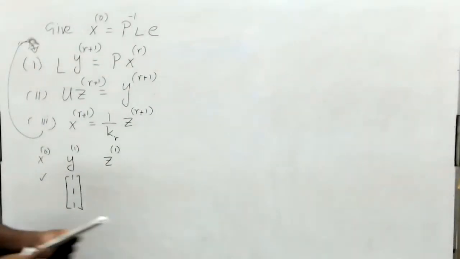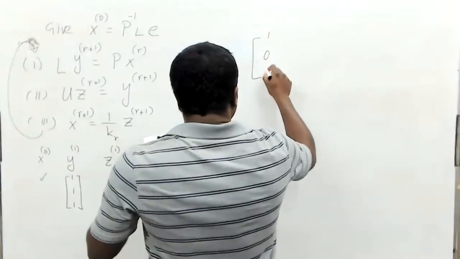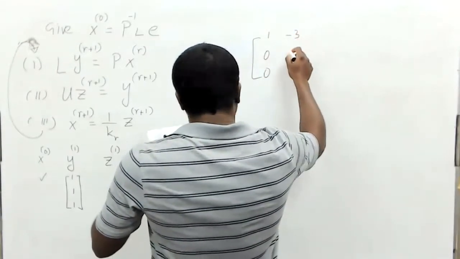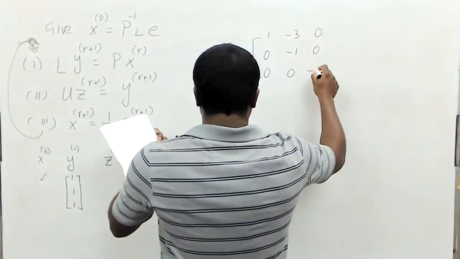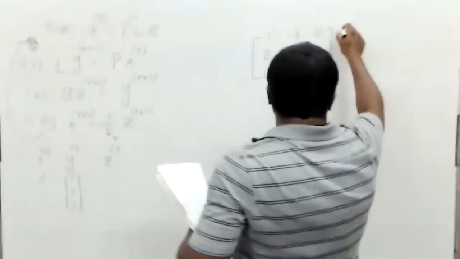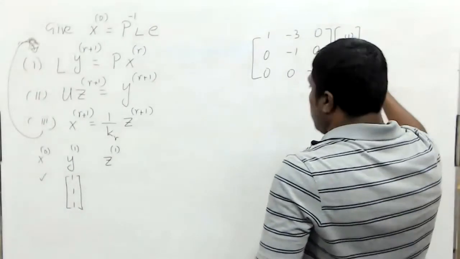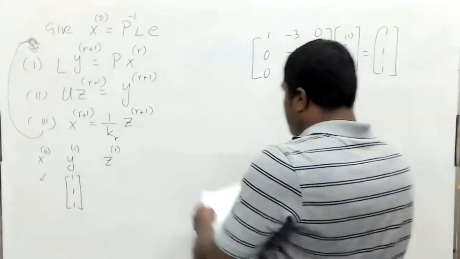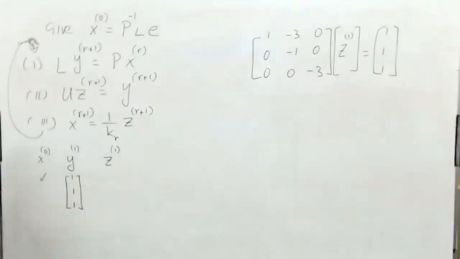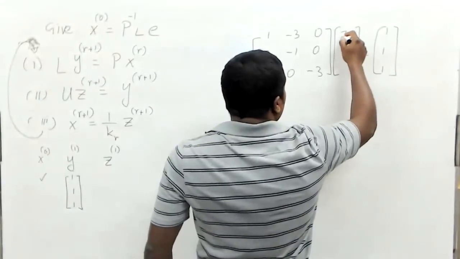So then you have U as 1, 0, 0, minus 3, minus 1, 0, 0, 0, minus 3, and then z1, let me name this z1, is equal to y1, that is 1, 1, 1. Okay, so from this you get, let me clearly indicate it to you.